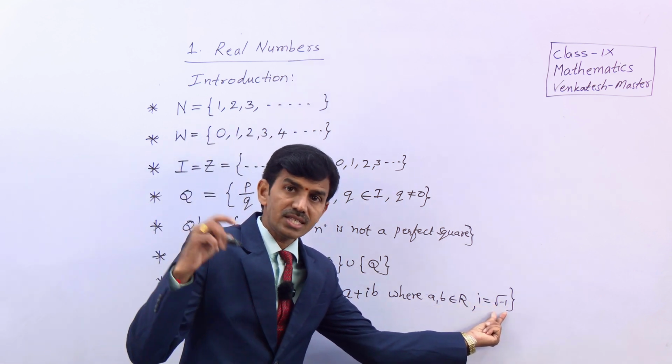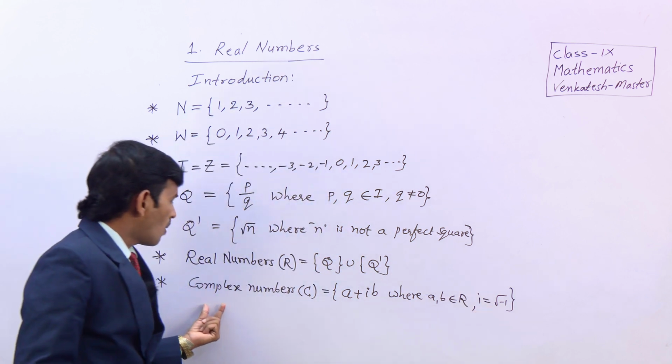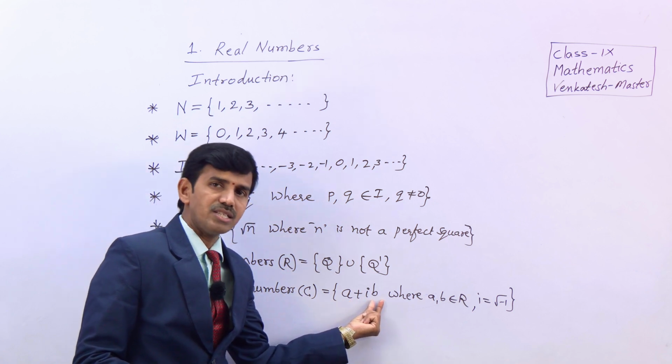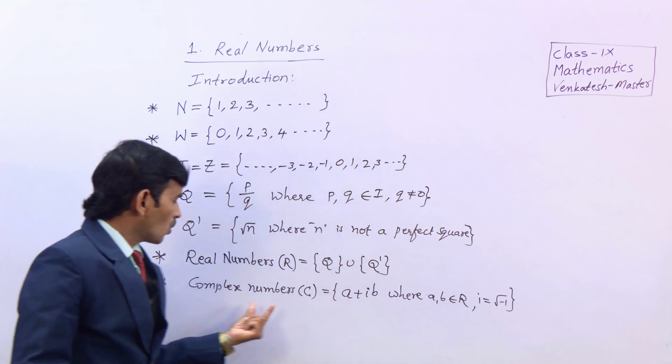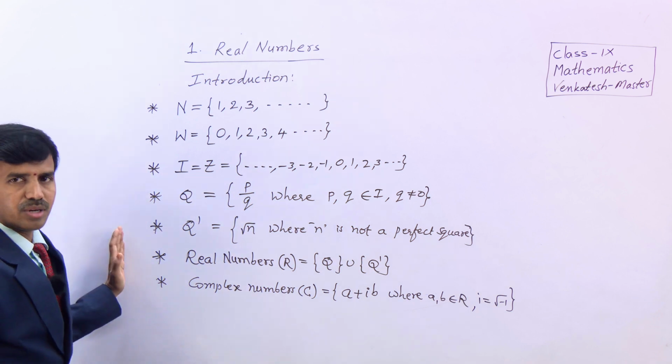If there is a negative under the root, such numbers are called imaginary numbers. So complex numbers are the set of a real part as well as an imaginary part. That is the reason we call this set complex numbers. This is the number system introduction.